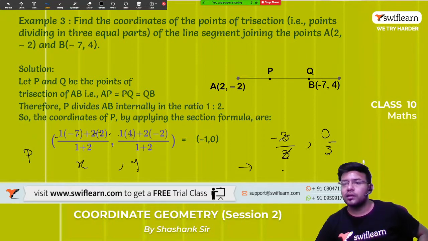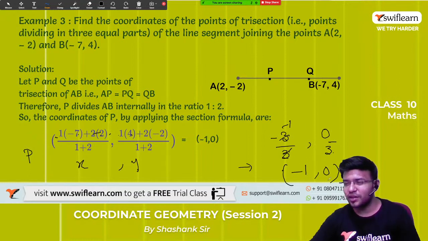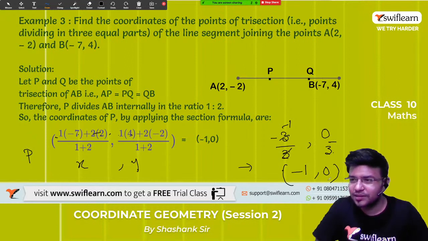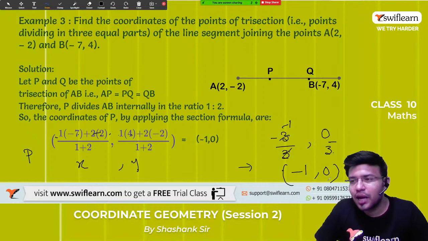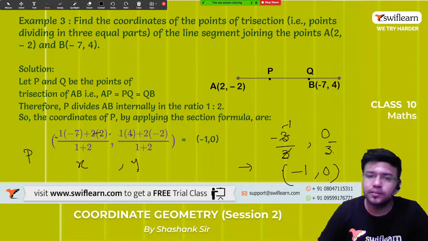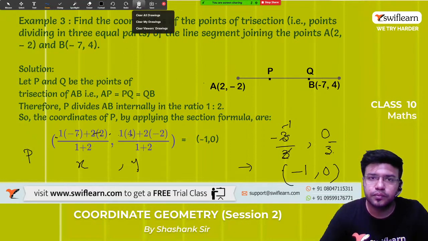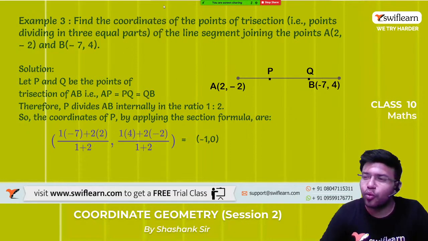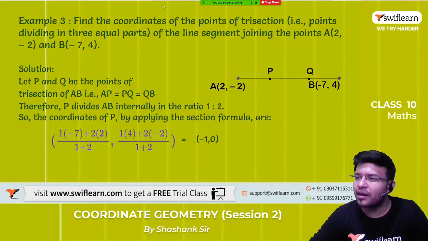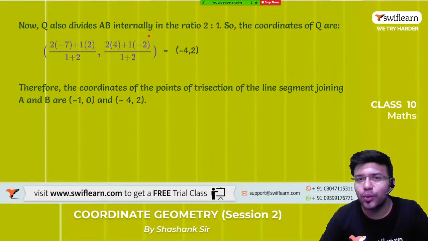So you get, and 0 by anything is 0. So you get the coordinates -1, 0. This is what you get. Yes. What are these? These are x and y coordinates of point P.